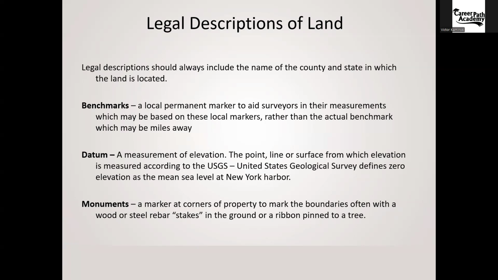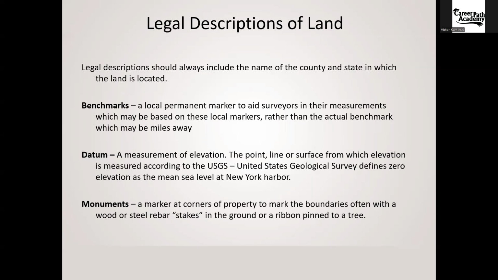However, we need to know them now for the descriptions. So I'm just giving you this up front on this slide. So what is a benchmark? It's a local permanent marker that aids surveyors in their measurements, which could be based on these local markers rather than an actual benchmark, which could be miles away.